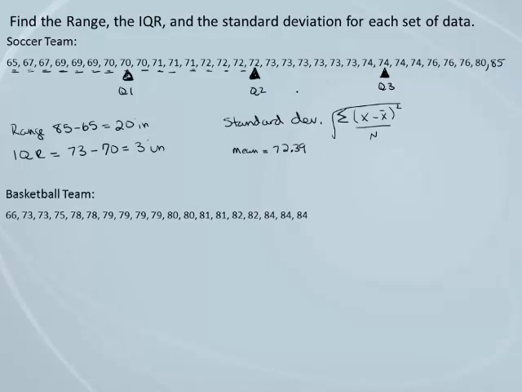If you need to review this, go back to video 6.02, where I show you how to calculate the standard deviation. When I calculate it, I get 3.76. And that tells me that the majority of the heights are within 3.76 inches of the mean.